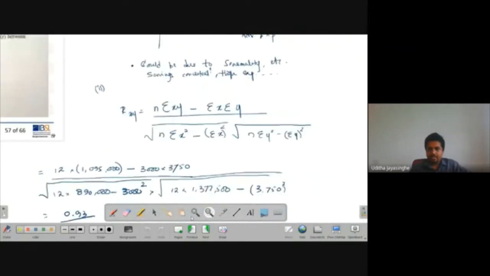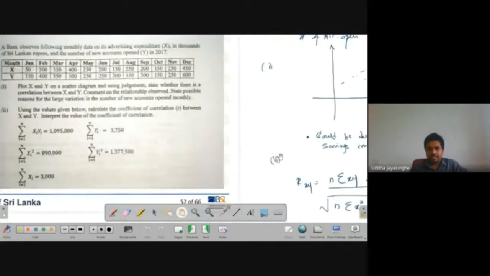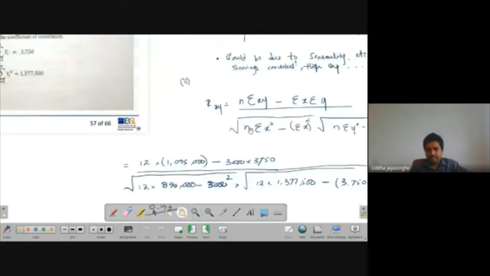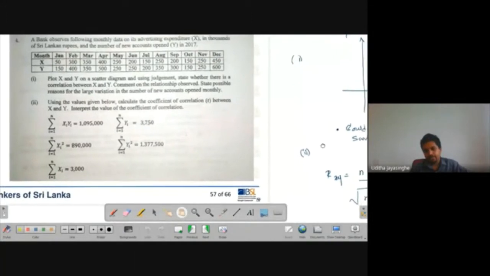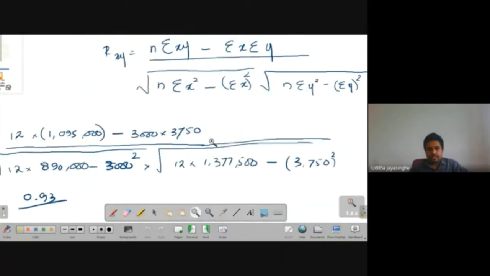See, some of these indicators are directly given. Most of these indicators are given, except the fact that n is equal to 12. You have to take it from January to December. That count is 12. So the form of the equation and its application is going to be something like this.